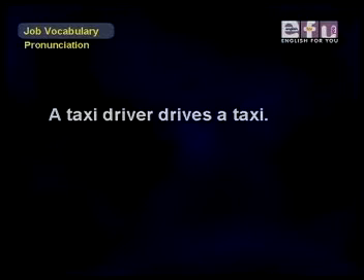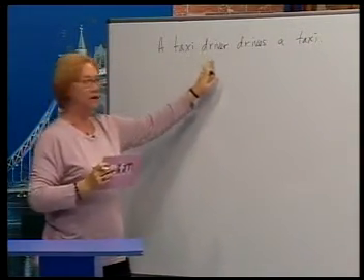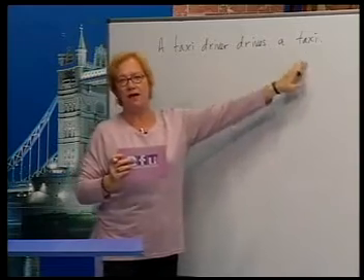In English, like other languages, we tend to say our words together. For example, let's use this sentence. A taxi driver drives a taxi. So one by one, a taxi driver drives a taxi.